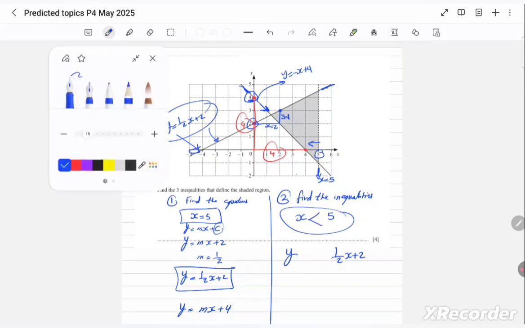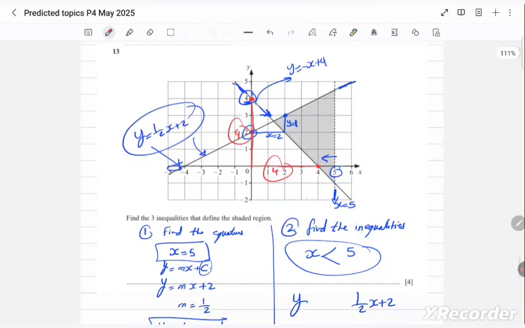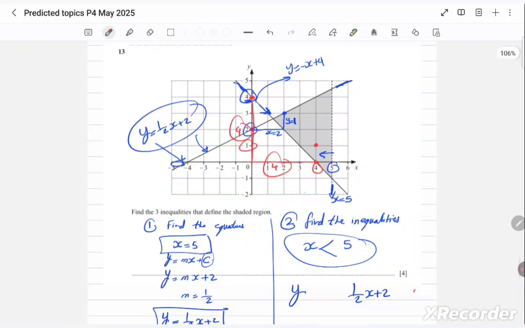Now, how can I decide if it's less than or greater than? Take a point inside the shaded region. Let's say, for example, I will take this point. It's inside. This point is 4 and 1, like x and y. So if x is 4 and y is 1, substitute. 4 times 1/2 is 2. 2 plus 2 is 4.